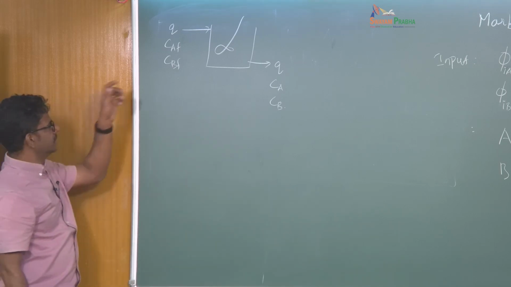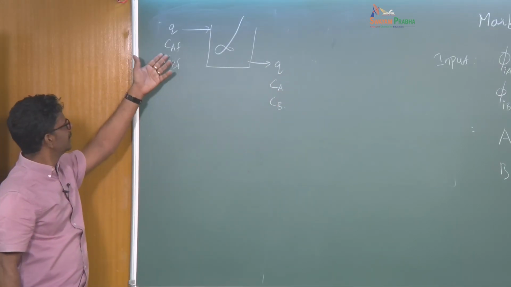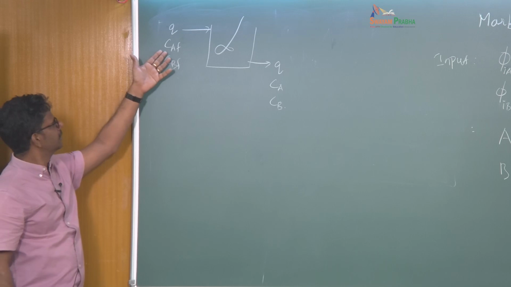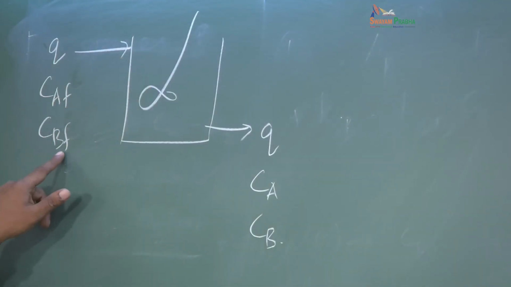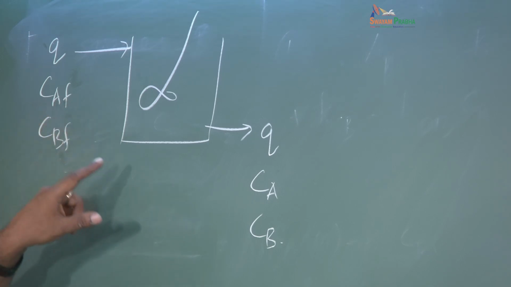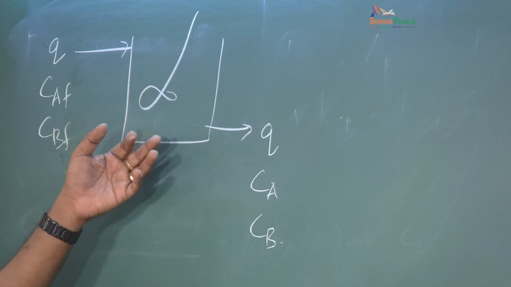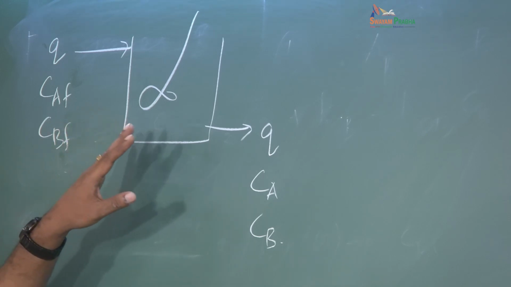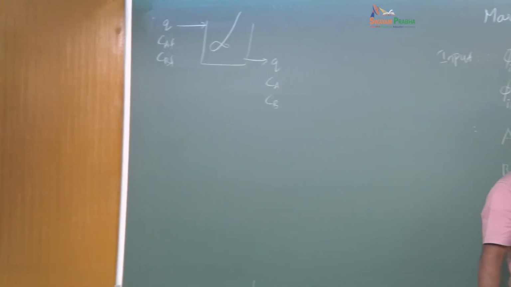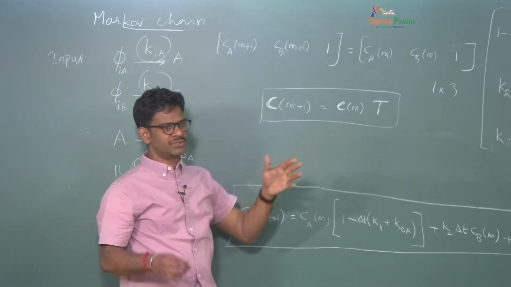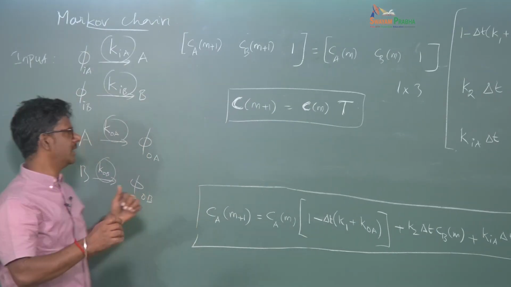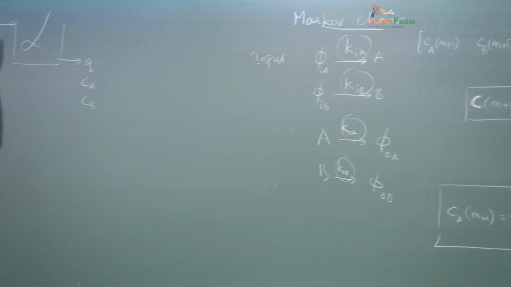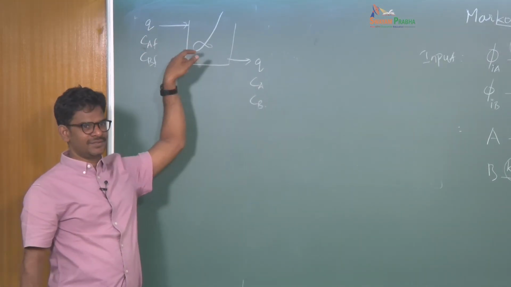In the CSTR, the flow rate is kept constant, Q volume per unit time, and the concentration in the feed for A is CAF. F means feed, not final. I'm using F and not C naught because sometimes we may have a starting condition; you can have some number of molecules in the system to start with. So C naught we will use for initializing. Remember, this corresponds to the concentration inside the reactor, whereas here I am talking about the concentration in the feed stream.